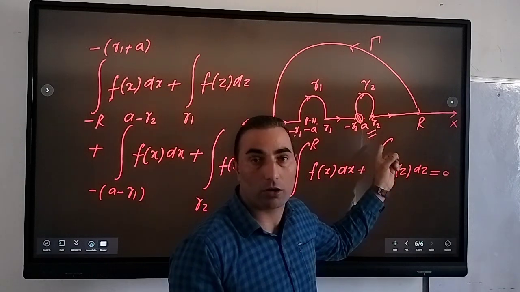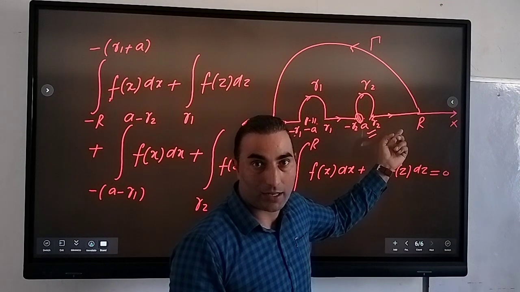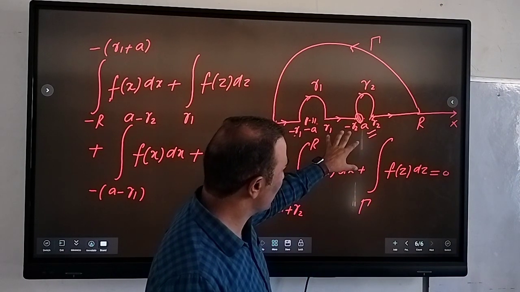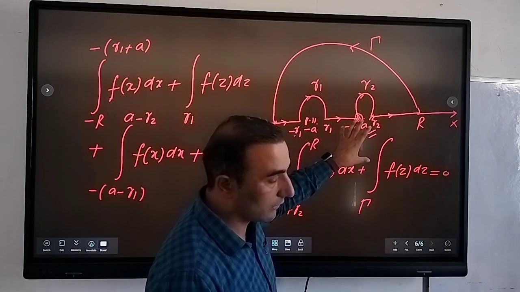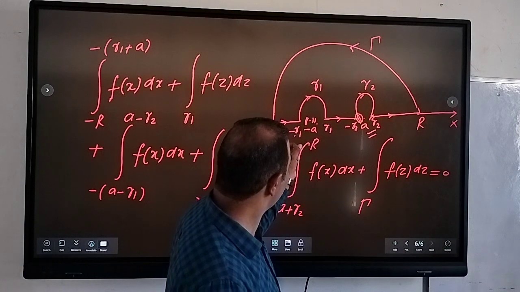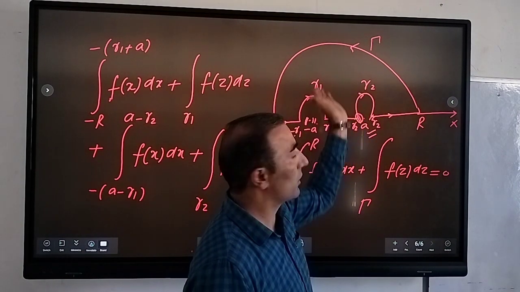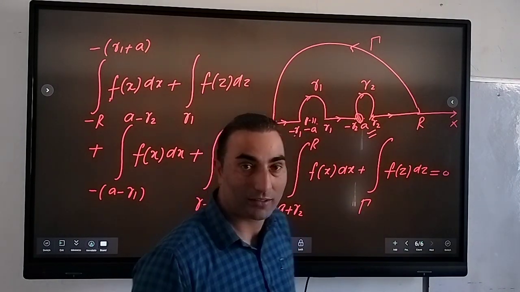Similarly, when r2 tends to 0, it approaches the other pole, which lies at z equal to plus a. In that limiting case, and one more approximation, if our r tends to infinity, then the contribution from this semicircle will go to 0. Taking all those, we can get the same result.